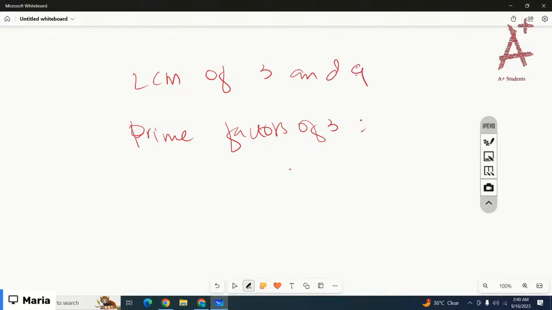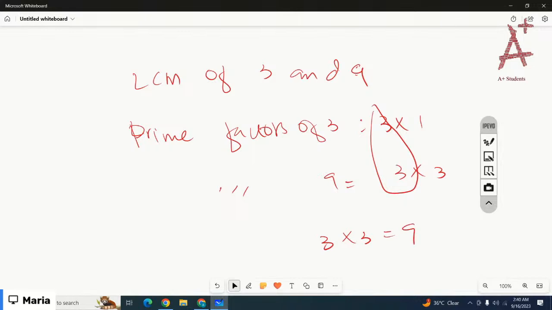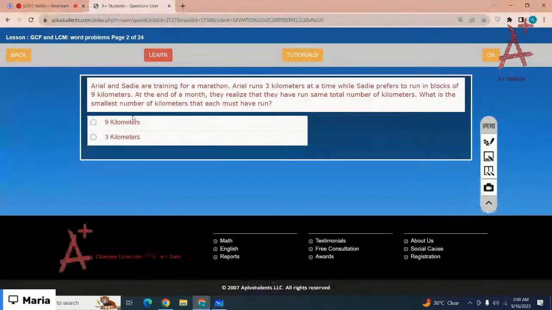Prime factors of 3 are 3 times 1, and prime factors of 9 are 3 times 3, right? So 3 is the common number, and then the other number is 3. So 3 times 3 is 9. So the LCM of 3 and 9 is 9. The correct option is 9, right? 9 kilometers it is.